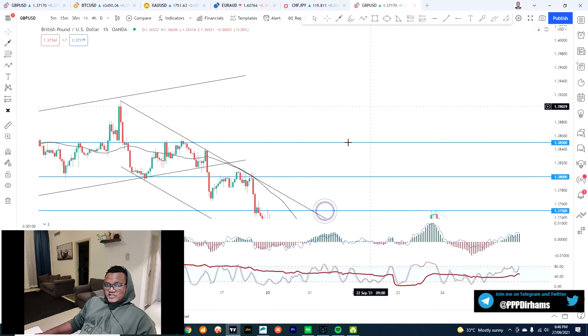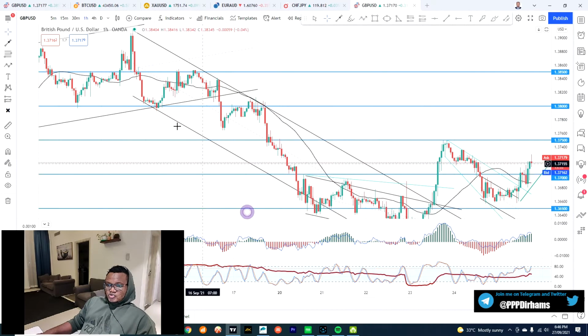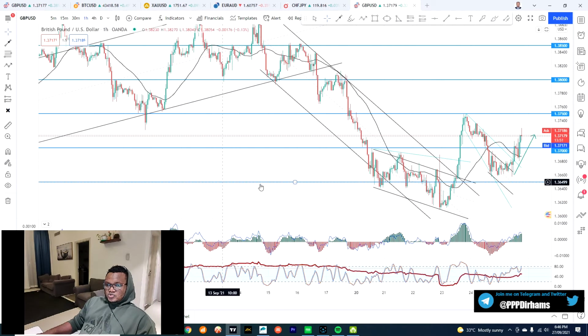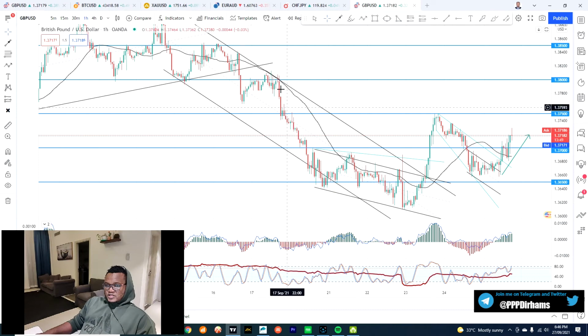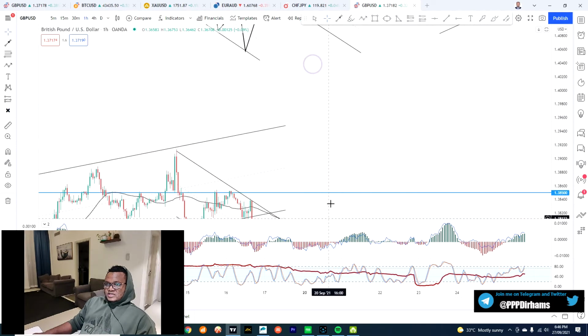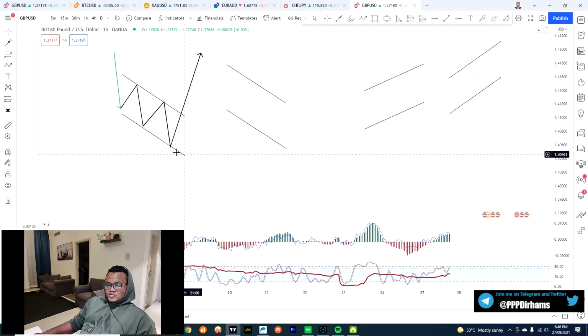Okay, so you can see this is actually what we have right here. See, this is the pull, the price coming from here, and then the formation happened here, and this is the breakout. The price coming from here, the formation happened here, and this is the breakout. So there is 80% chance that this is always going to happen when you have this kind of formation.